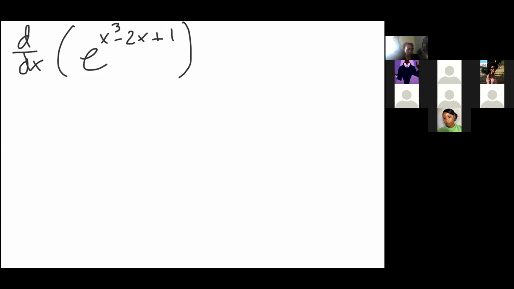So again, we have a chain rule that is going to have to happen because this function is e to the, we've got a new function, x cubed minus 2x plus 1. So again, I'm going to have a chain rule, and I do have an outer function and an inner function. My question for y'all is, what is the outer function?